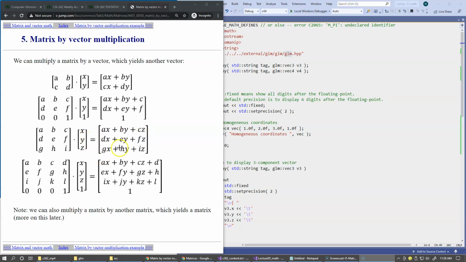Likewise, when we work with the Y component of the resulting vector, we multiply D by X, and then E by Y, and F by Z, producing the new components of the resulting vector.